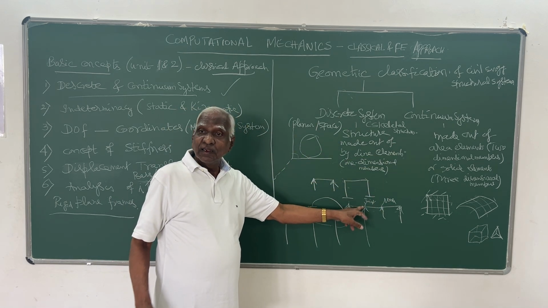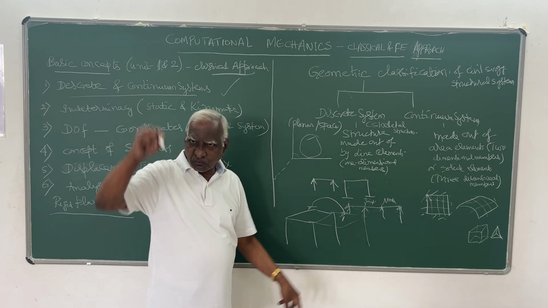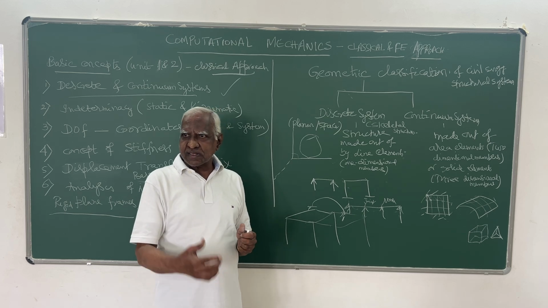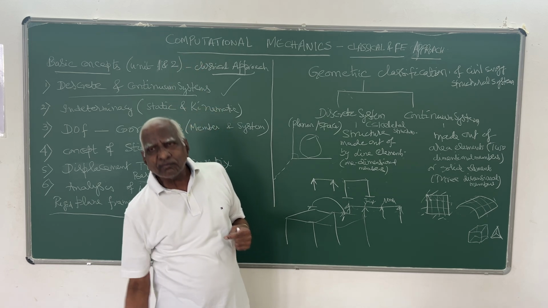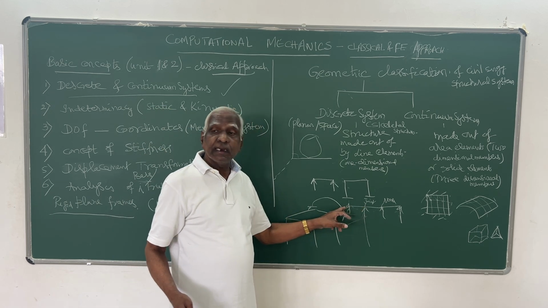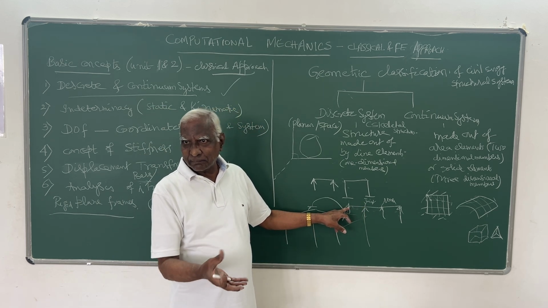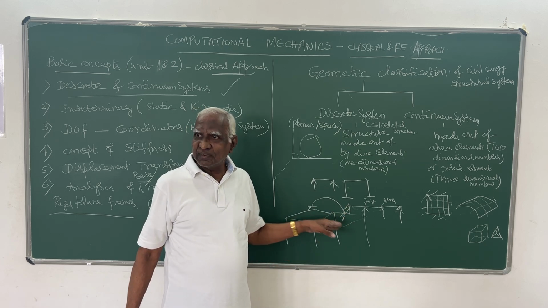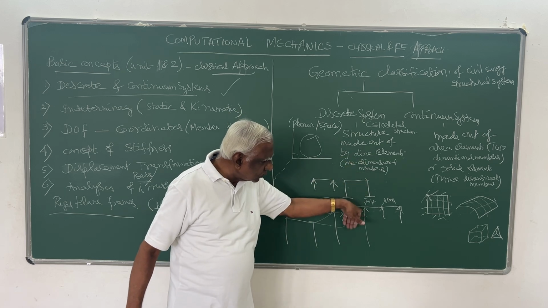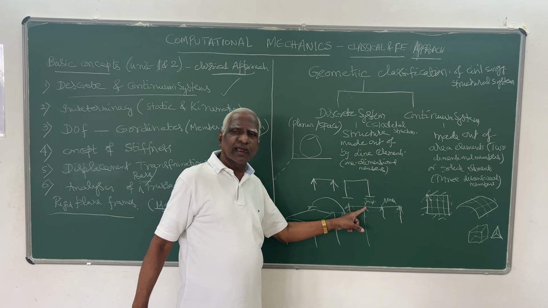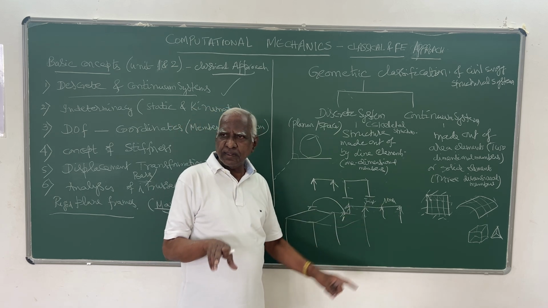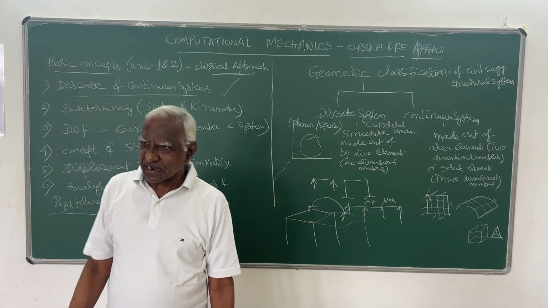These loads are considered only at the nodal points, and the internal resistance, because by Newton's law, for every action there will be equal and opposite reaction. That equal and opposite reaction is called the internal member stress developed. Internal stresses develop from within the member. And those internal stresses in the members due to the load are also considered to act only at the joints or nodes, opposing the external load.